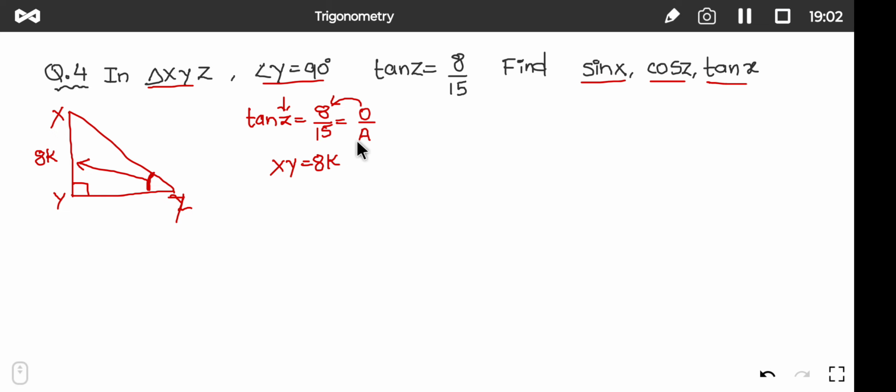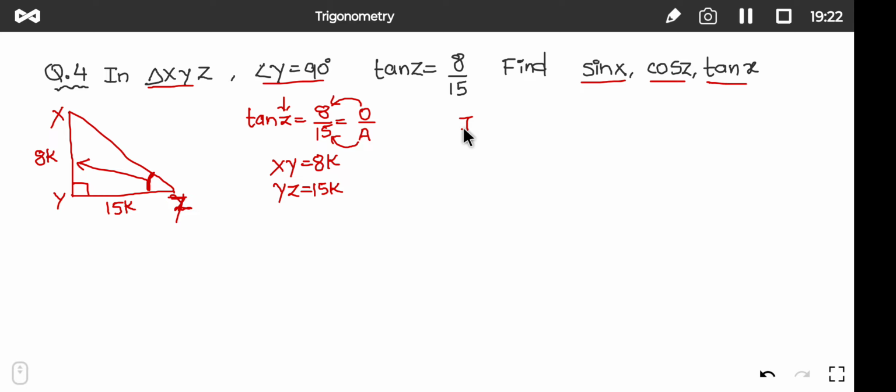And adjacent side of angle z, which is nothing but yz, we will consider as 15k. So yz is equal to 15k. So which side is unknown? xz. So we will apply the Pythagoras theorem.